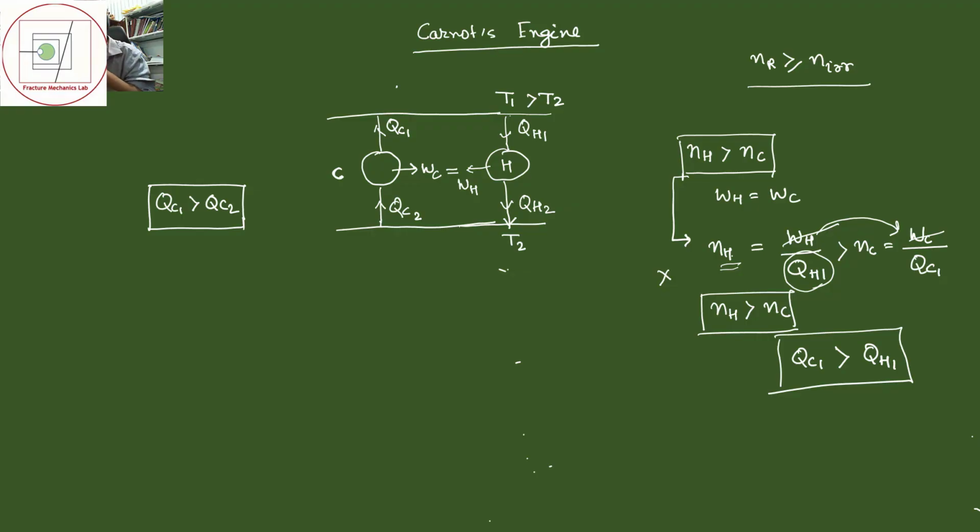Okay, fine. And so this is now reversed. QC1 is greater than QH1. That means the heat which is going in reservoir T1 in the complicated engine is larger than the heat which is taken from that reservoir.